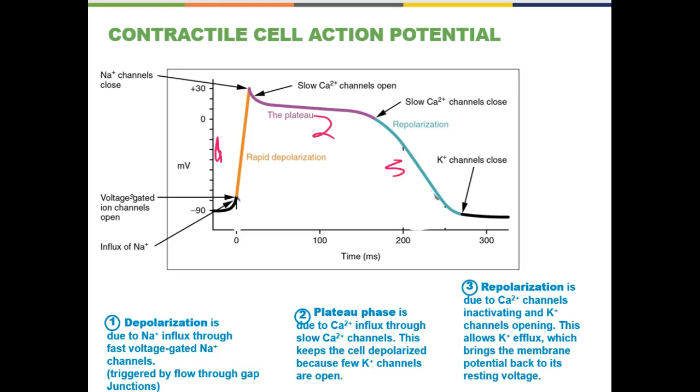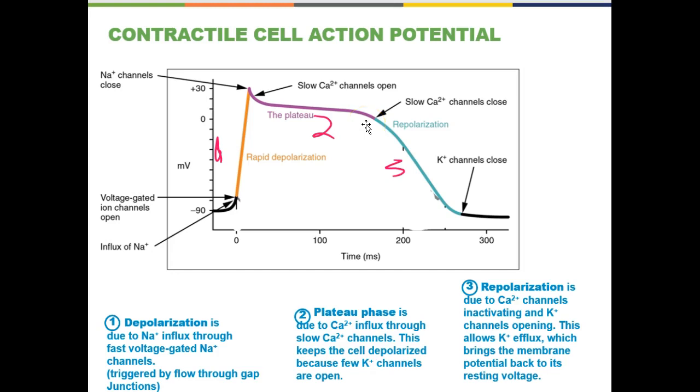So during that orange time period, 1 is rapid depolarization caused by the opening of the fast-acting sodium channels. So sodium flows in, depolarizes the membrane. Then number 2 is the plateau phase. Your calcium channels open, allowing calcium in, but they stay open for an extended period of time.